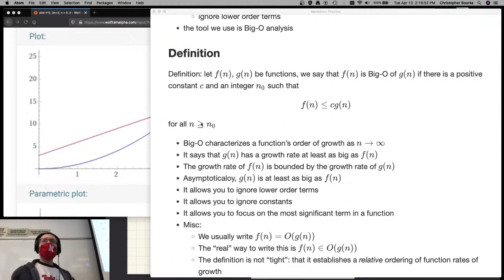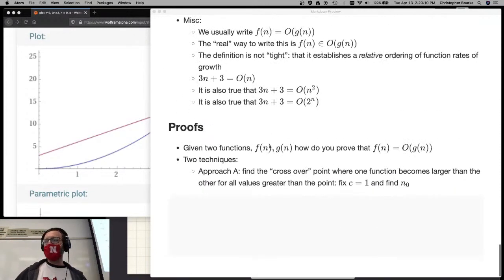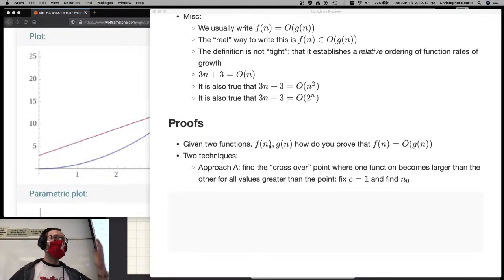Because if this is true, then you have an infinite number of pairs for which this definition is satisfied. Right? And to find one, it suffices to find one. All you need to do is set one of them and then find its companion, or one of its companions, because again, there are an infinite number of them. It doesn't matter which one you find as long as your proof demonstrates that C and n naught are true for that one, right? So this is the idea.